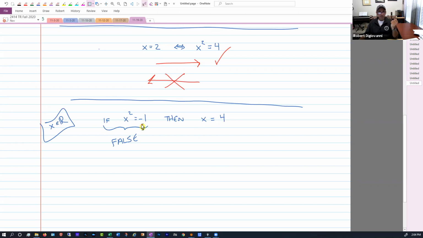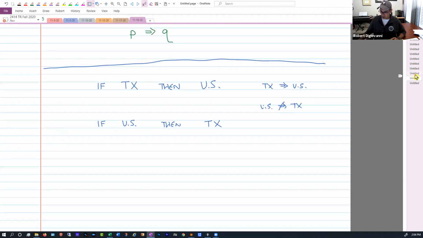So your assumption is false. Anytime your assumption is false, your conclusion has to be true, which is crazy, but that's the way our logic system works. If your assumption is false, your conclusion is true. And we would say that this statement is vacuously true. All right, we're stopping. I can just keep going on with logic all day.